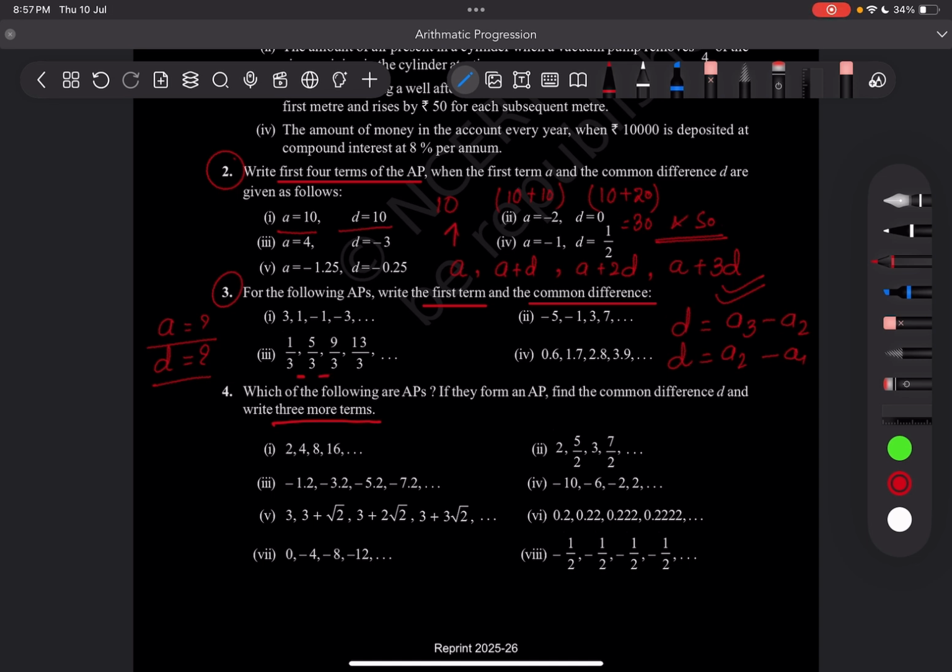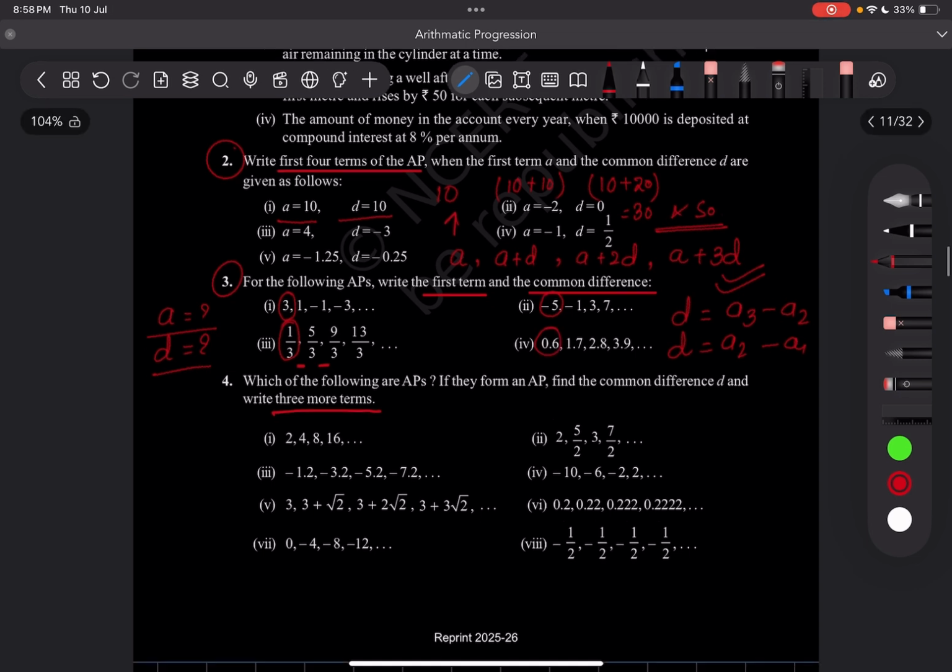If you are sure that the difference is common, then only consider this statement as an arithmetic progression. And about the first term, you can simply see that the first term is the very first term from where the AP starts. So this question can be solved quite easily as well.